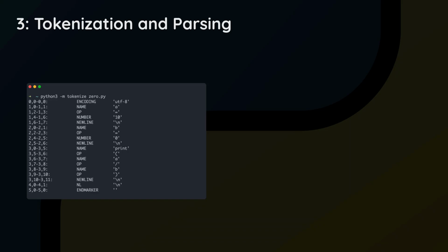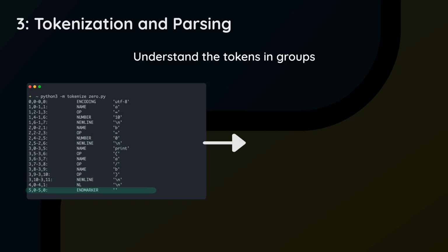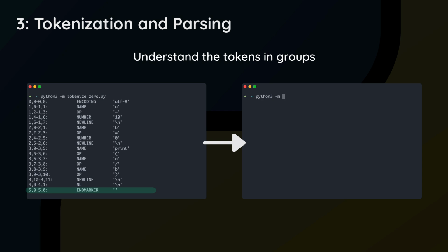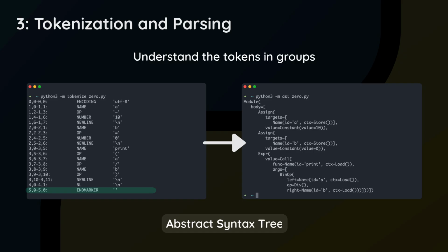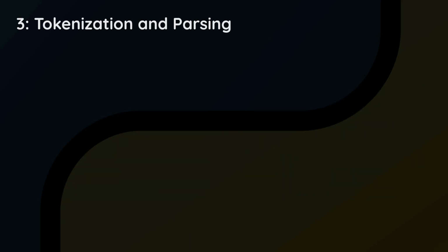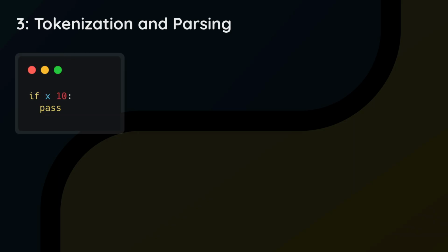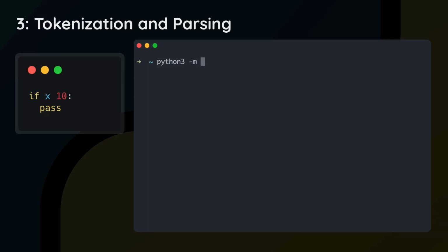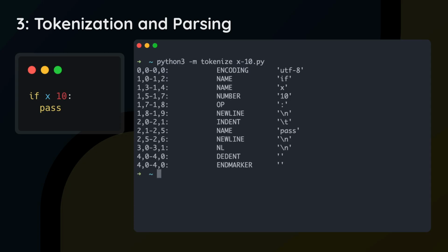Now we need a way to understand the tokens in groups, see how they are related to each other, what type of operations they perform, and so on. We do this by parsing the tokens into a tree data structure known as an abstract syntax tree, or AST. AST is about understanding the structure of a program. Consider this example. From the tokenizer's perspective, this code is totally fine.